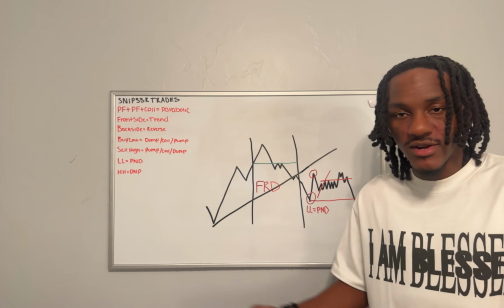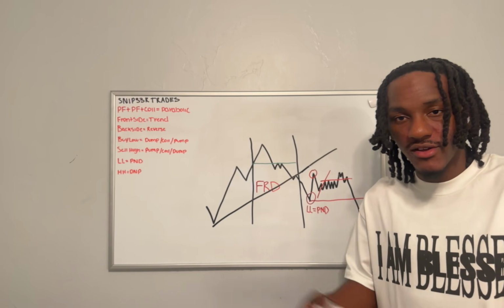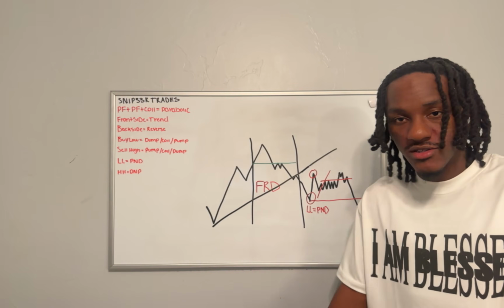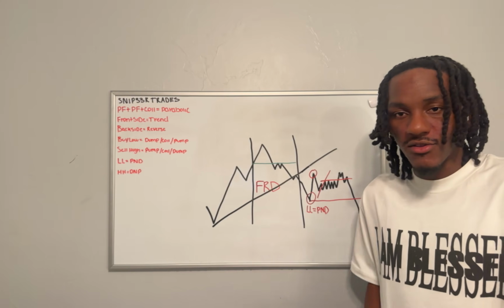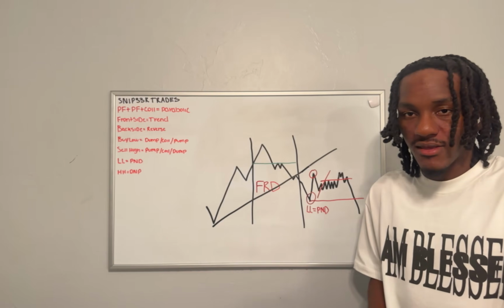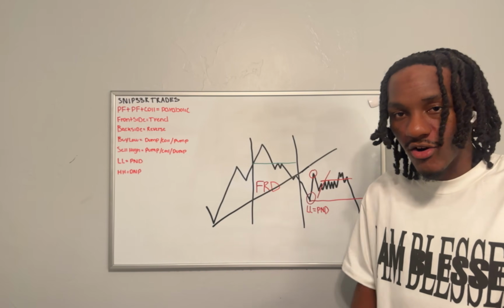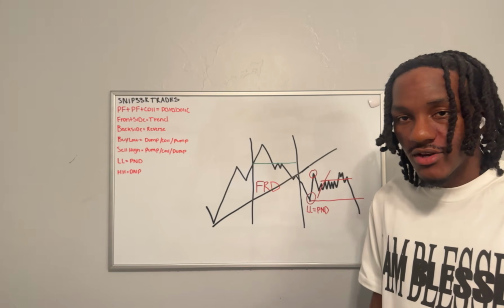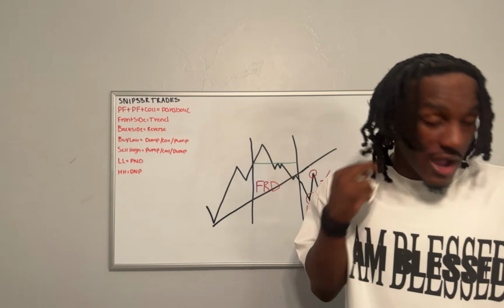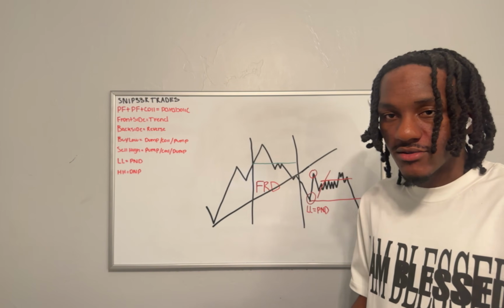Signal days, first red day, closing breakout, inside day, day one, day two, day three, day four, day five, week one, week two, week three, week four, high of month, low of month, everything. And they have very, very simple criteria. All you have to do is count to three. If you cannot count to three, I will make a video on how to count to three.